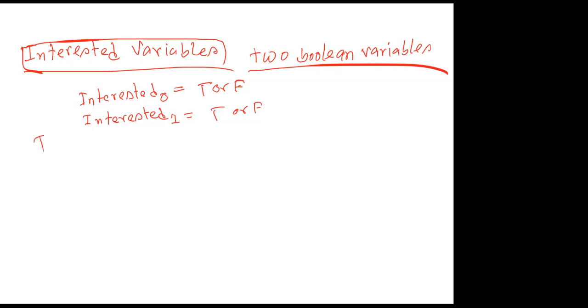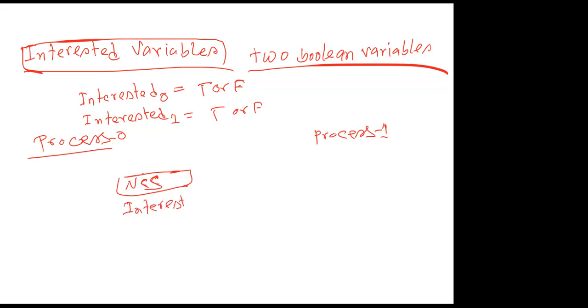Let's see process 0 and process 1, and how this can be implemented. In process 0 there is at first a non-critical section, and then interested 0 is made T. Then while interested 1, it checks whether the other value is T or not.